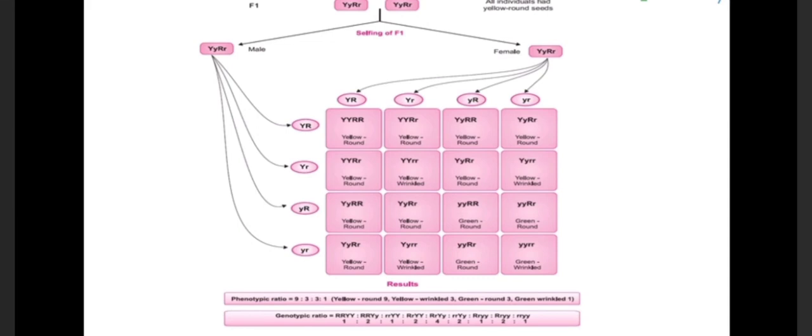So the ratio will be 9:3:3:1. So the phenotypic ratio in the F2 generation in a dihybrid cross is 9:3:3:1.